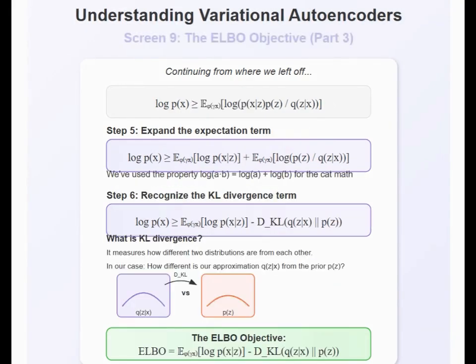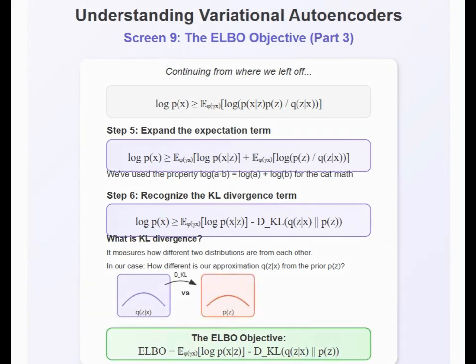Let's expand our ELBO further to gain deeper insights into what it's actually optimizing. We left off with log p of x is greater than or equal to the expectation with respect to q of z given x of log of p of x given z times p of z divided by q of z given x. In step 5, we use the logarithm property log of a times b equals log of a plus log of b to expand this expression.